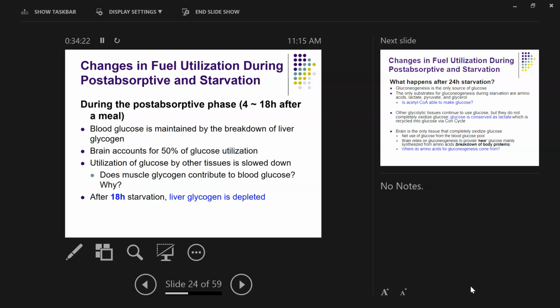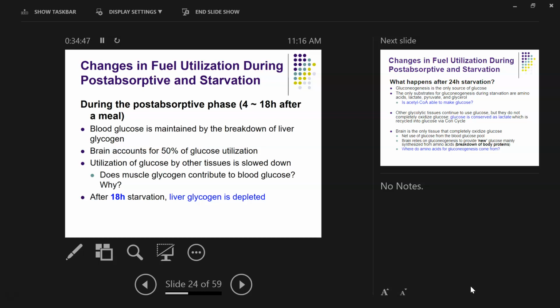And the brain utilizes 50% of glucose, right? And utilization of glucose by other tissues is slowed down. It tries to save the glucose for the brain and red blood cells and other important tissues.